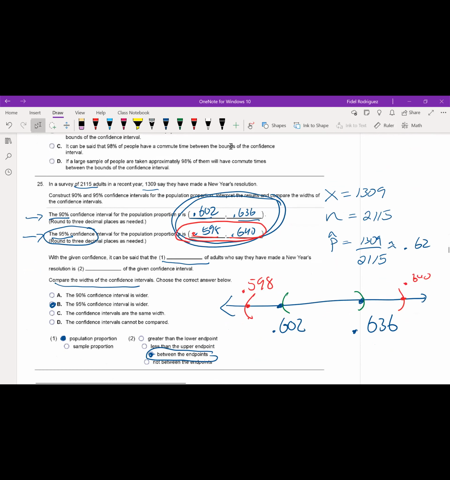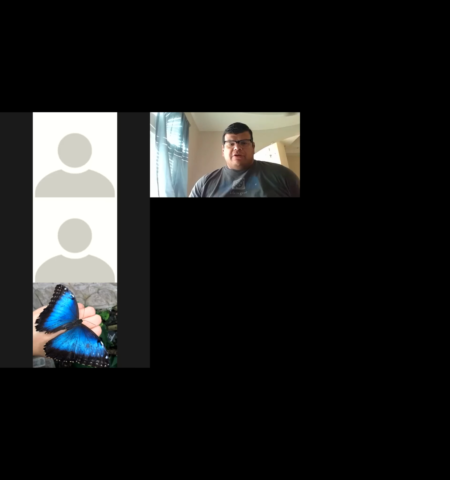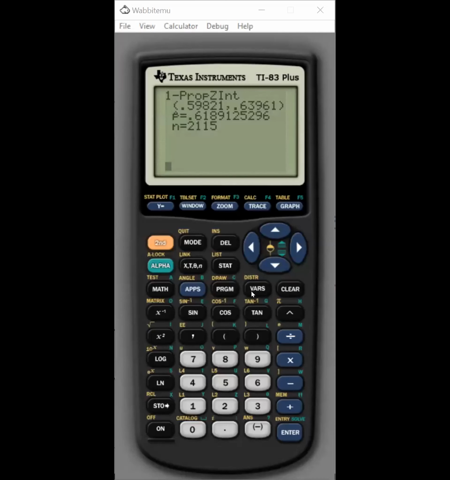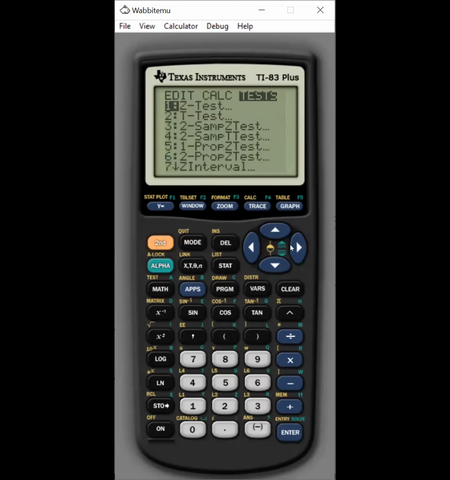Anytime it's asking you for a confidence interval, let me show you the way I would do this. If you're trying to figure out which feature you should use, right? When I clear my calculator and I go to stat and I go to tests, anything that says interval. So here's Z interval, right? T interval. I didn't have you guys do the 2 sample Z interval or 2 sample T interval.